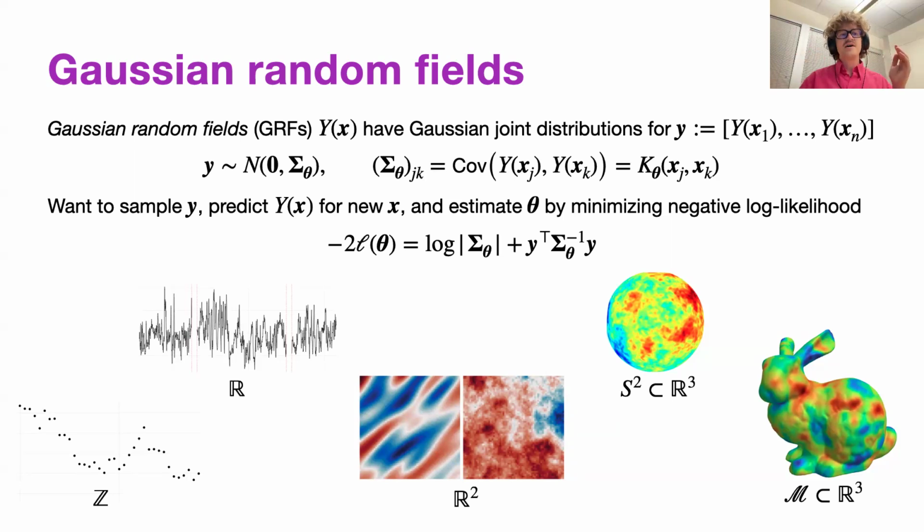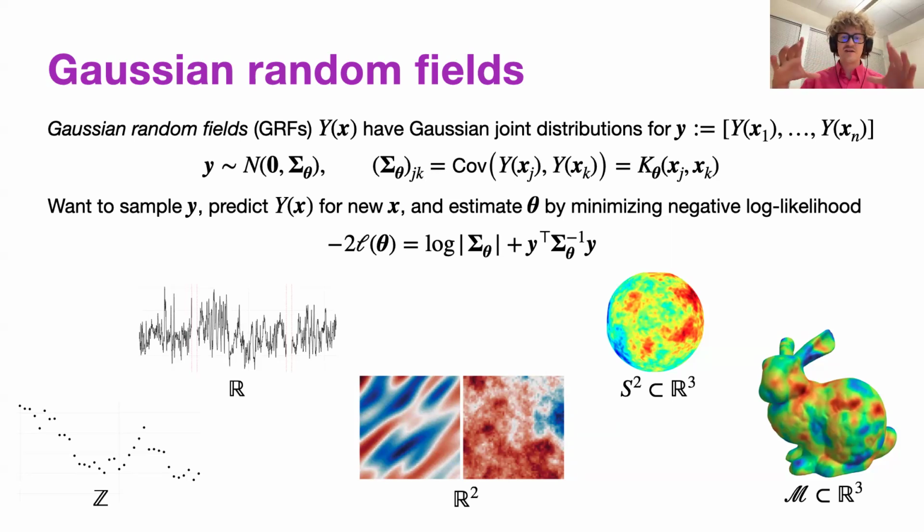So this covariance matrix and this covariance function k theta are really the central players in this setup. Gaussian random fields are applicable on a wide variety of domains, which is part of the reason for their popularity. So you can have something like discrete time series for, say, a medical device measuring at regular intervals. So now your x's are indexed by the integers. You could have, say, continuous time seismic data at a single location. So this is now indexed by the real numbers. You could have something like air quality measurements taken at stations across a city.